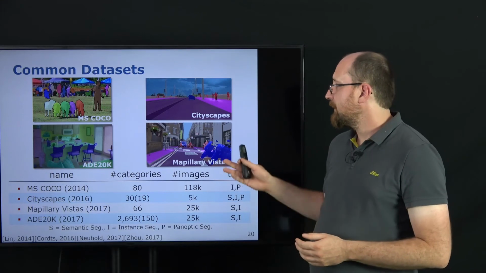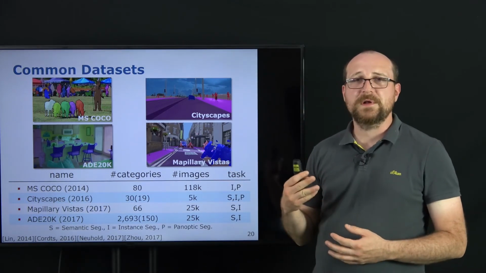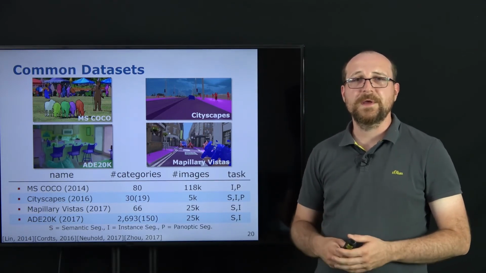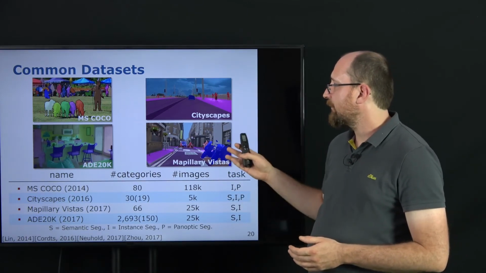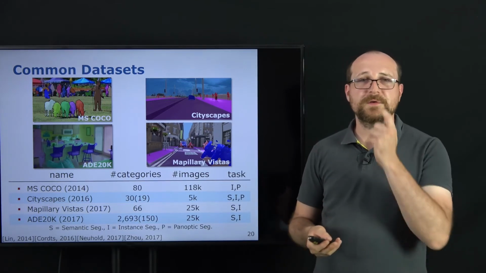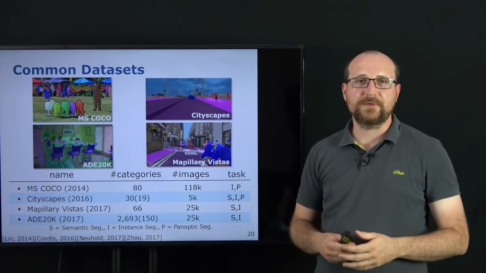And the Mapillary Vistas data set shows a much larger variety of images, also from different geographic regions. And these images are not necessarily only captured with cameras that are mounted on a car, but it can also feature street scenes that are captured just with a smartphone.